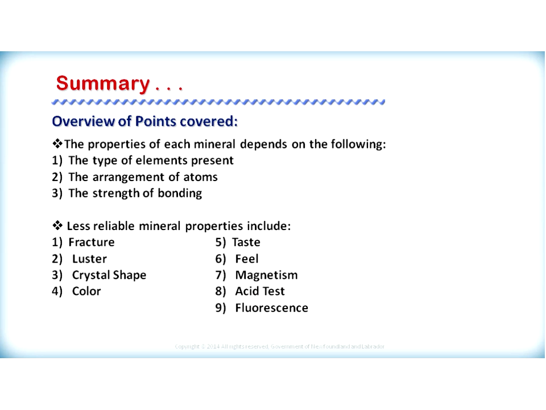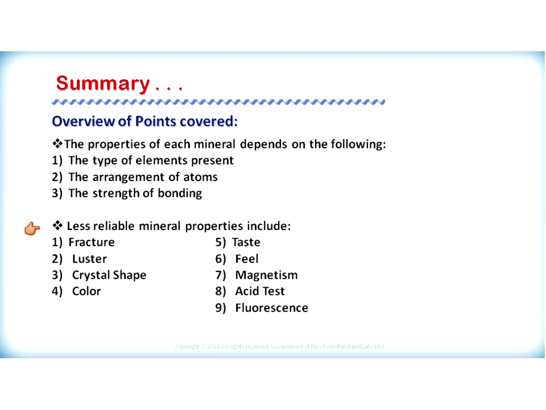So in summary, an overview of the points covered. The properties of each mineral depend upon the type of elements present in the mineral. They also depend on the arrangement of the atoms and the strength of bonding between the atoms.